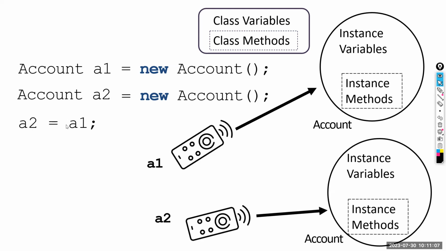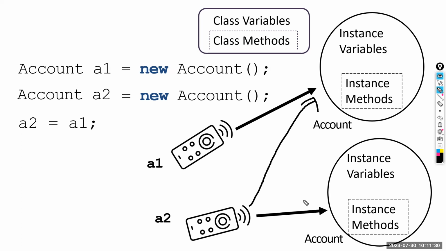And of course, you can do something like this also. A reference variable can refer to another object again. Now what happens? When A2 is equal A1, now A2 is looking at where A1 is looking at.